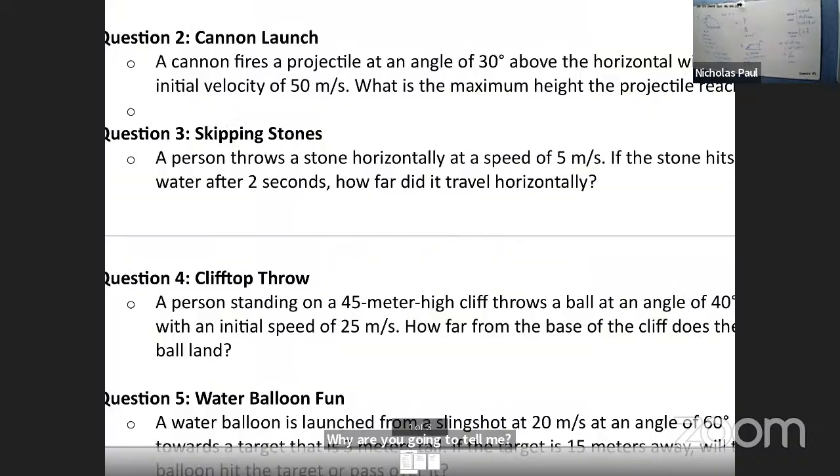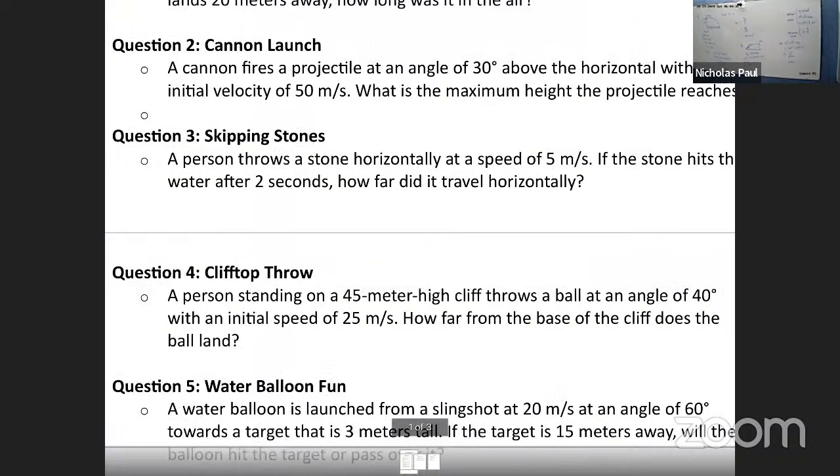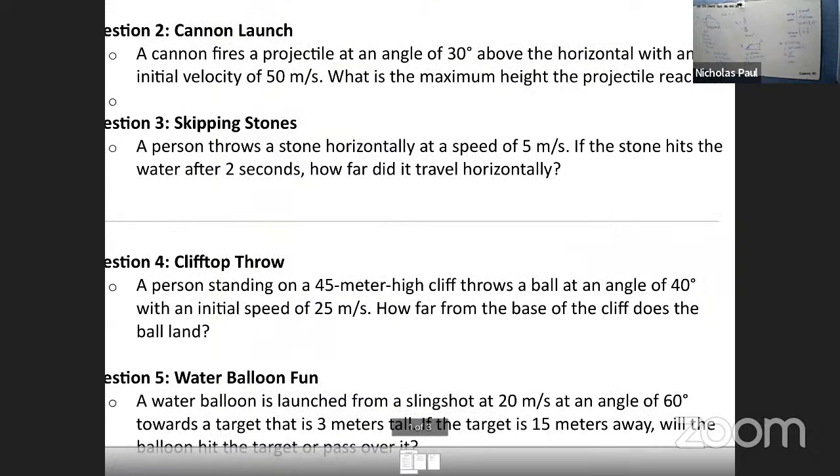Number 3 is supposed to be real easy, right? Because what do they give us? They give you a horizontal speed initially, and they gave you time, and they wanted to find the horizontal distance.